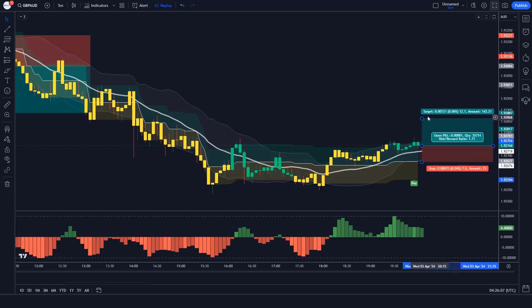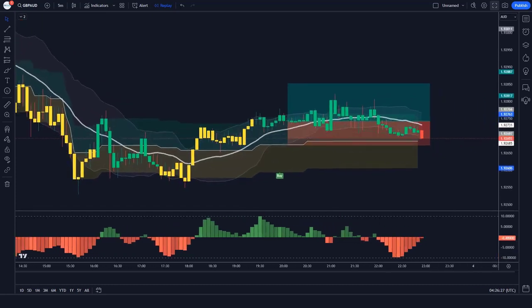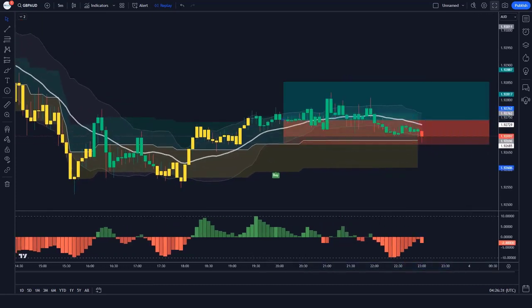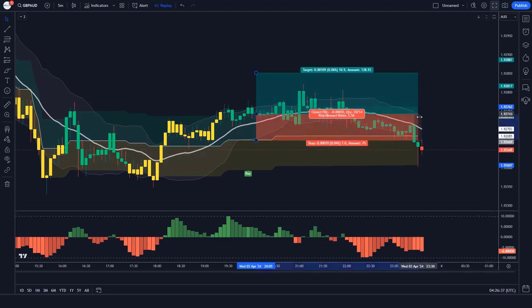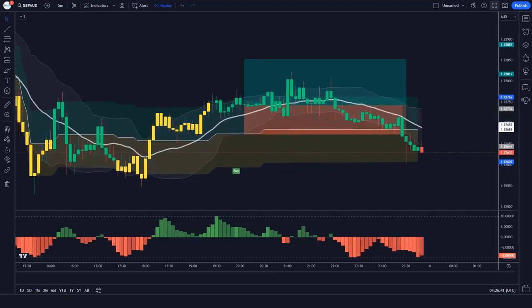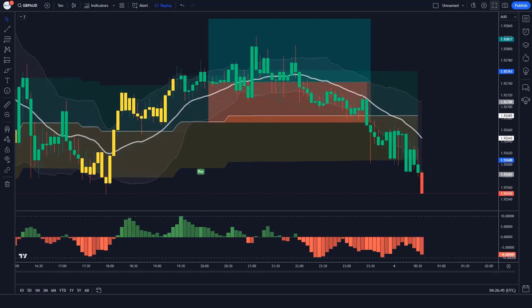And the risk to reward ratio will be 1 to 1.5. We have lost this trade. Never mind, sometimes it happens in the market. We must remember one thing, that no strategy works 100% in the market. Now we will find other trades.